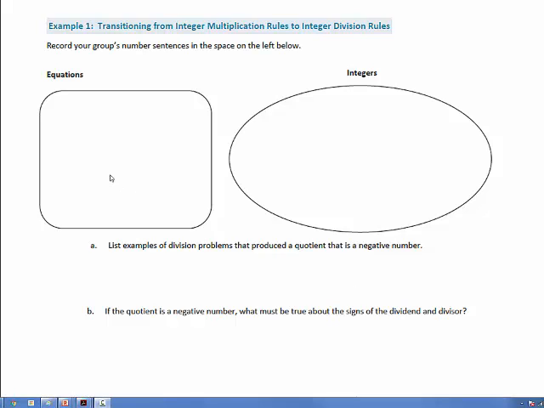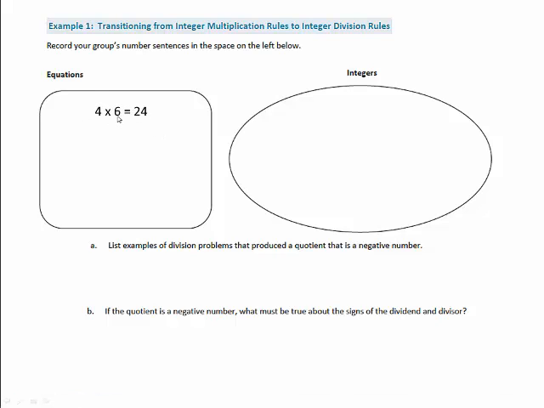If I were to take a look at some equations that are all related with multiplication and division, I could look at the equation 4 times 6 equals 24. Another multiplication equation that's related to this is 6 times 4 equals 24. I'm using all three of the same numbers.